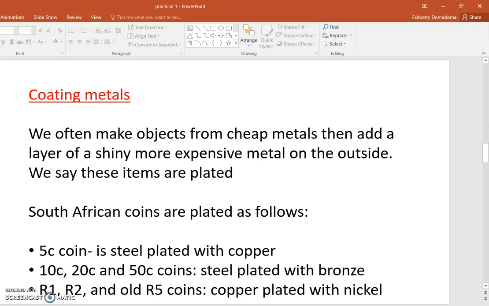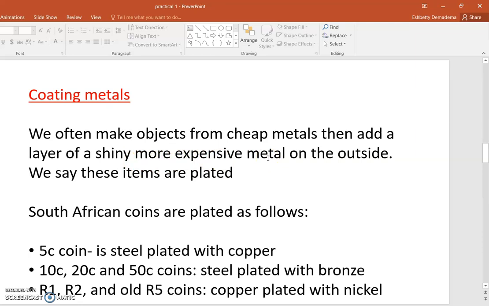All right. So we often make objects from cheap metals, as you can see on the slide there, and then we add a shiny, more expensive metal on the outside so that it looks beautiful.